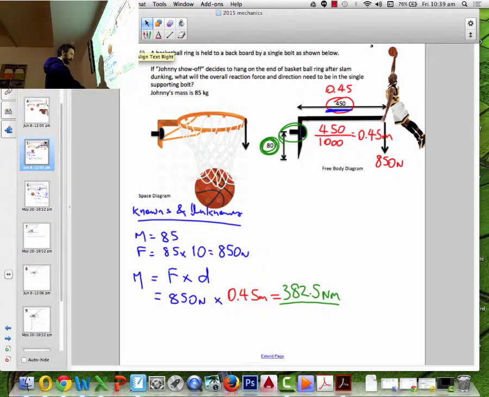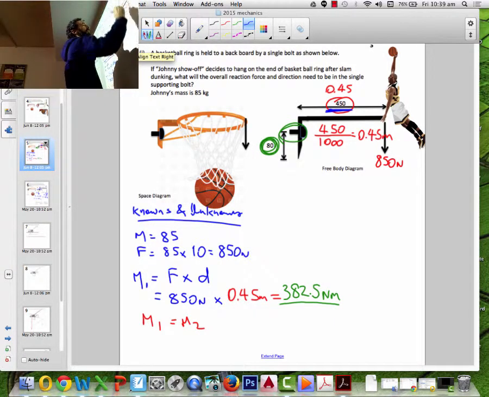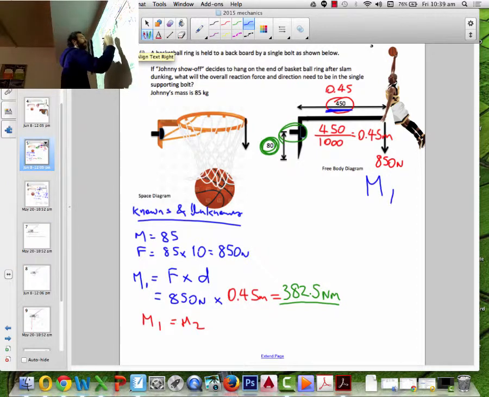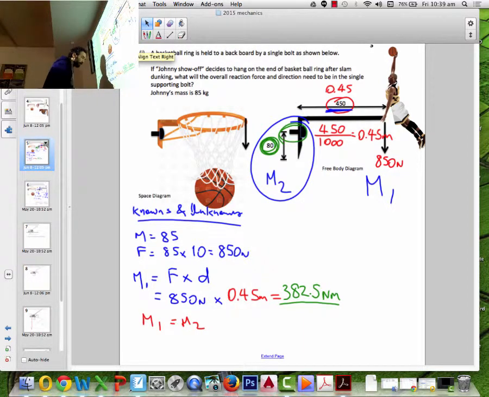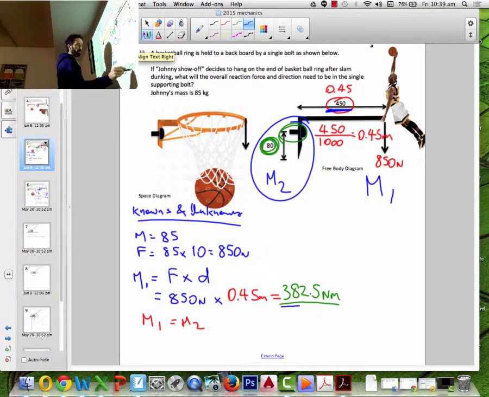So we know that to be in equilibrium, moment 1 is going to equal moment 2. Moment 1 is here. Moment 2 is here, this is the bolt. So moment 2 is going to equal 382.5 newton meters, the same as moment 1.